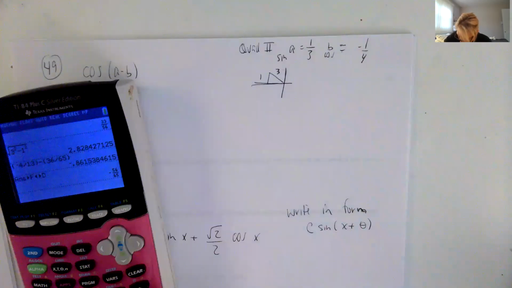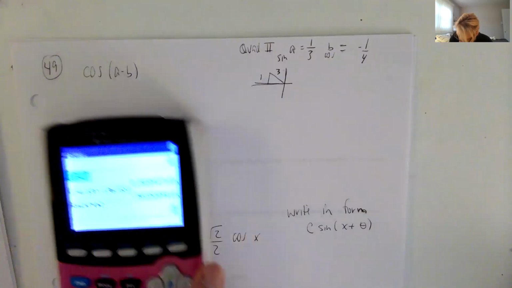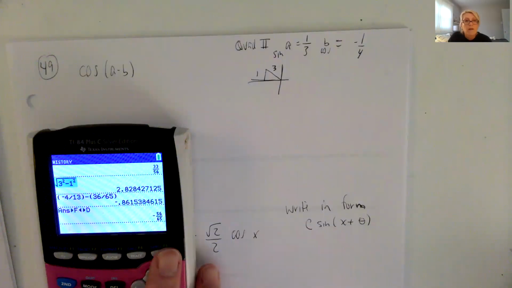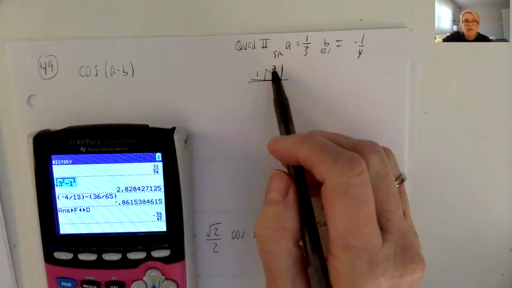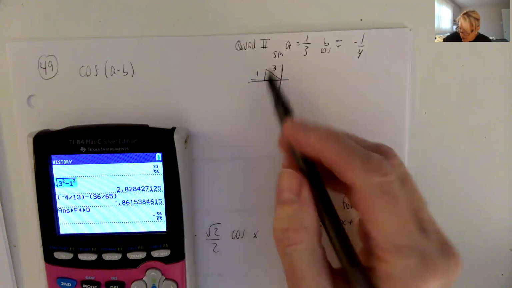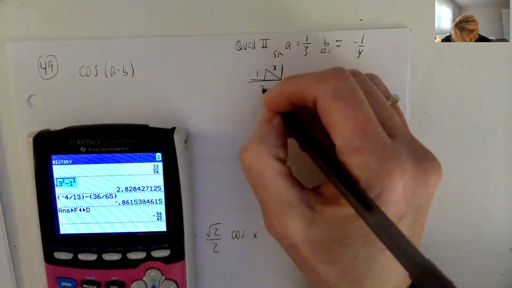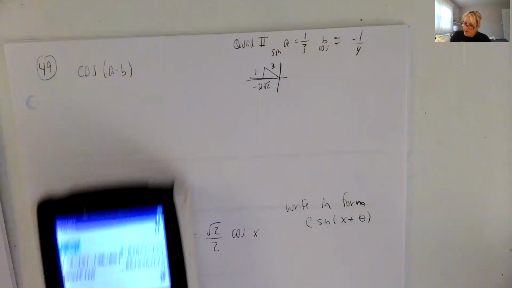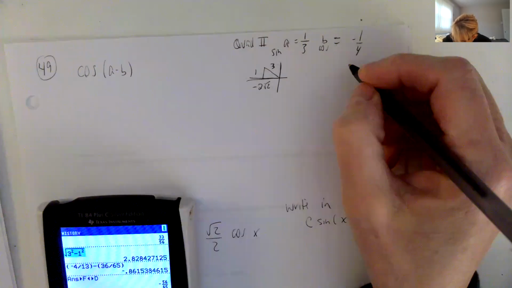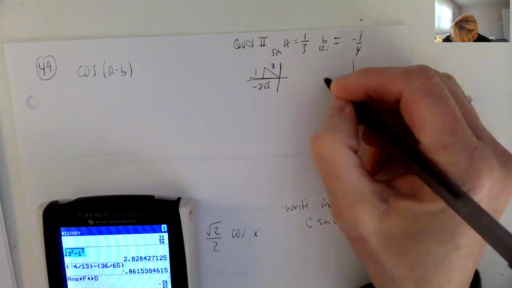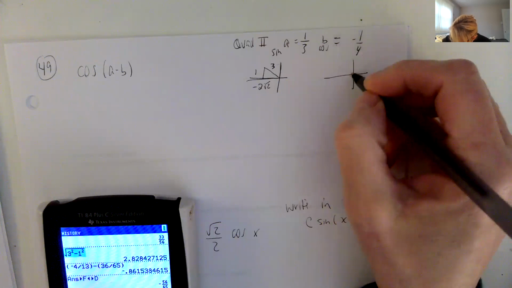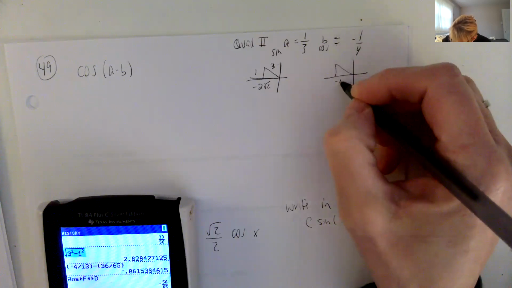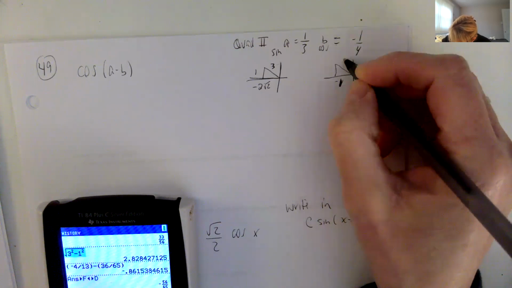And so if the sine of A is 1/3, then this is going to be the square root of 9 minus 1, so the square root of 8. So this is going to be -2 the square root of 2. And then for the third side, this angle in the second quadrant, cosine is -1/4.